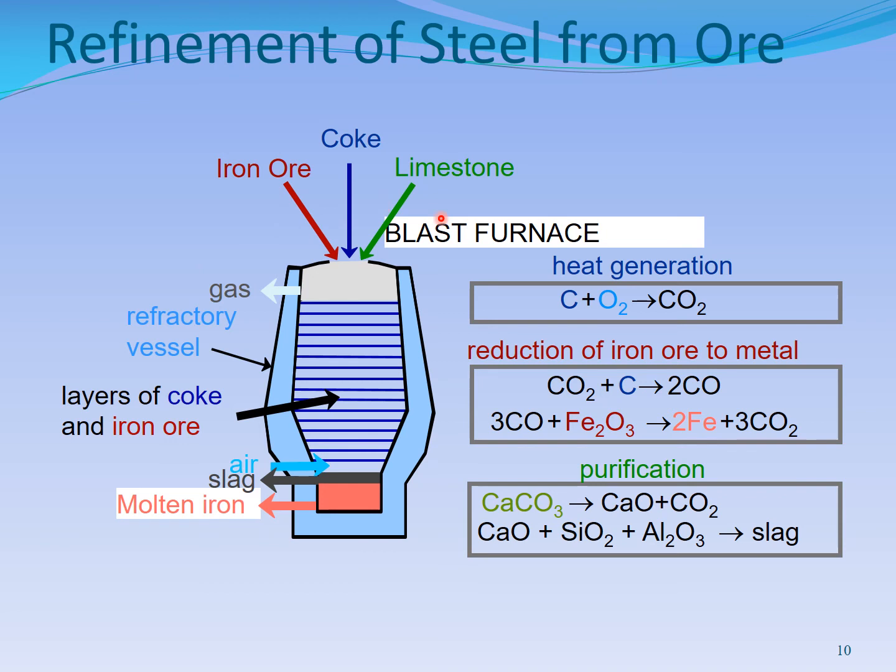So the outside body will be steel, the inside body will be very high temperature resistant ceramic tiles and bricks and so on, and carbon plus oxygen, right? So carbon dioxide, then that plus carbon monoxide, then its reaction with iron ore, iron separates, carbon dioxide goes again. For the purification, calcium carbonate, which is the limestone, and so on. So some alumina and slag will be formed.